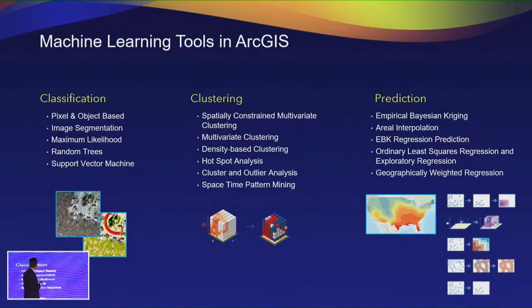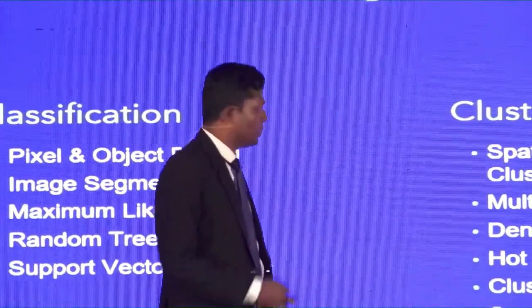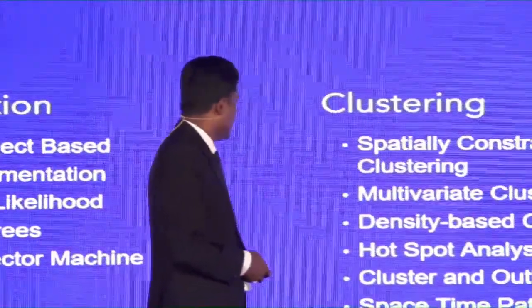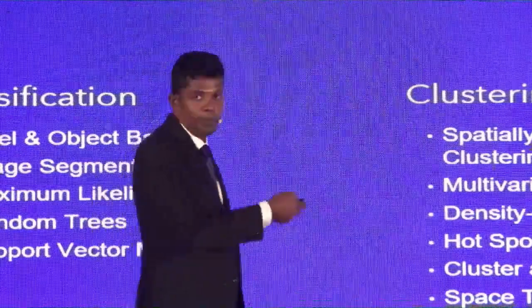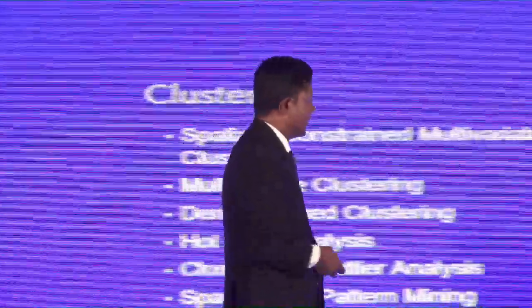These are the machine learning methods we have already used in the standard ArcGIS software: classifications, pixel and object based, and image segmentations. In clustering, there is spatially constrained multivariate clustering and density based clustering. Likewise, we have used predictions, kriging, and interpolation. Those areas are covered in machine learning.